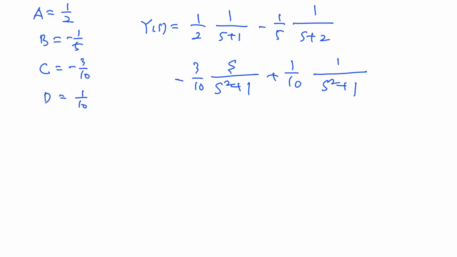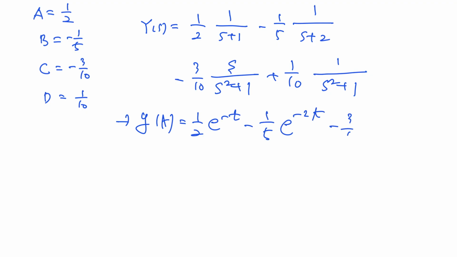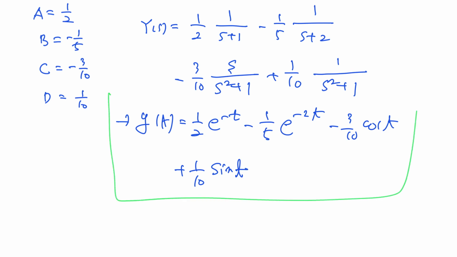Let me check. Y of t is 1 over 2 exponential minus t, minus 1 over 5 exponential minus 2t, minus 3 over 10 cosine t plus 1 over 10 sine t. Definitely, if you find the table, you can solve this differential equation very easily, right?